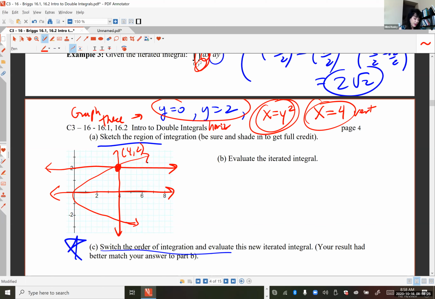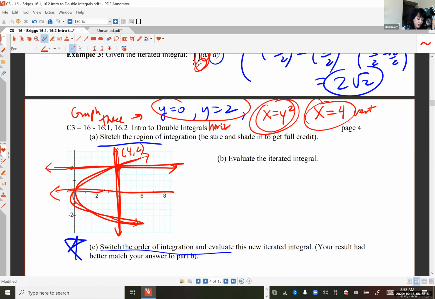So now here's the hard part. I got a lot of graphs going on here. What is the region of integration? The upper half of the parabola. Yes, you want the vegetable garden to be bounded by y equals 0, y equals 2, x equals 4, and the horizontal parabola.